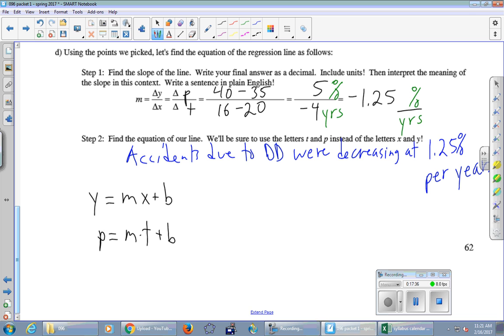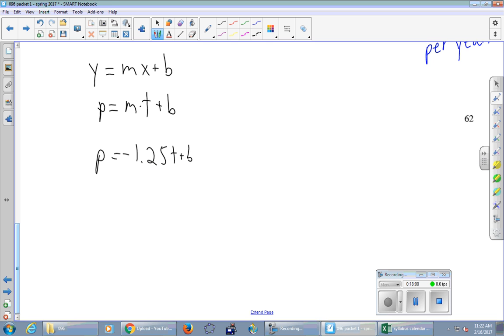Okay, we just calculated negative 1.25. What letter is that? That's the M. So we'll put in P equals negative 1.25 T plus B. We have to find the y-intercept, the p-intercept in this case. And so we're going to change the p and the t to some other numbers.